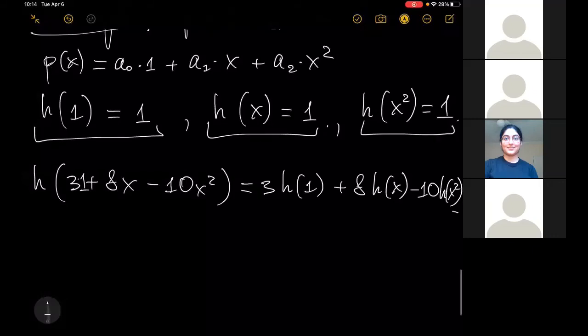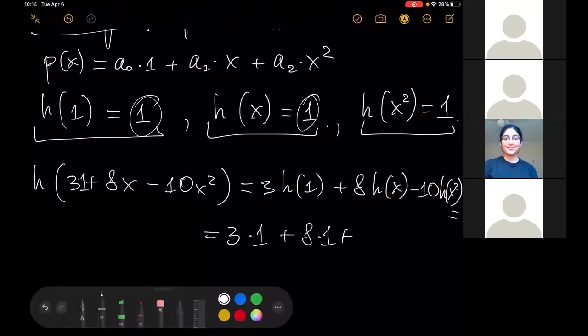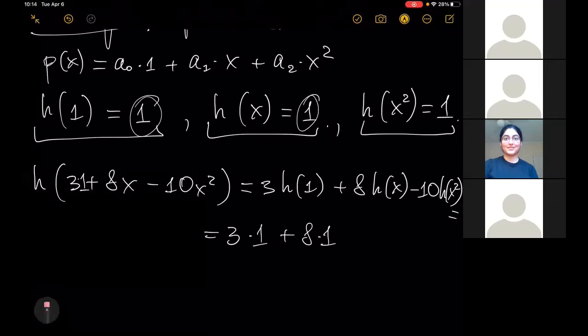So this is 3 multiplied by 1 plus 8 multiplied by 1 minus 10 multiplied by 1, which is 3 plus 8, 11, minus 10, 1.